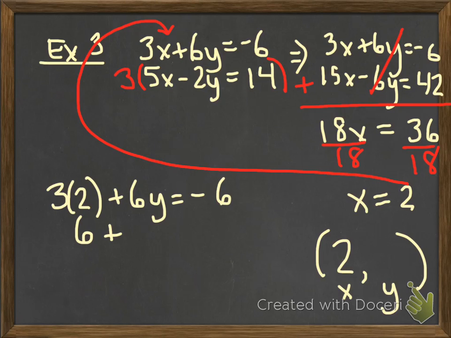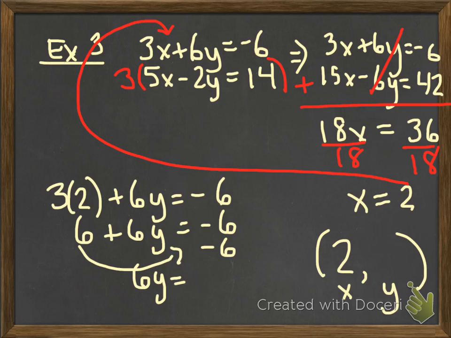That's 6 plus 6y equals negative 6. Bring that over, that's minus 6. 6y equals negative 12. Divide by 6, and you get y equals negative 2. So the point of intersection, or the solution for the system of equations, is at 2, negative 2.